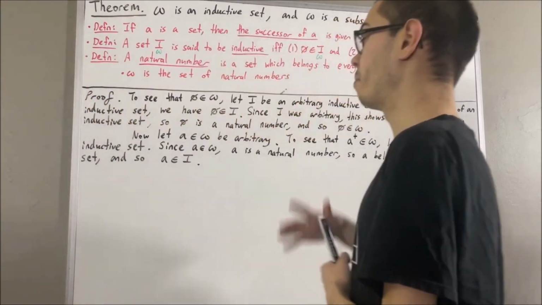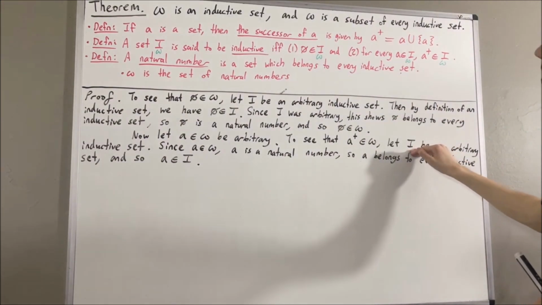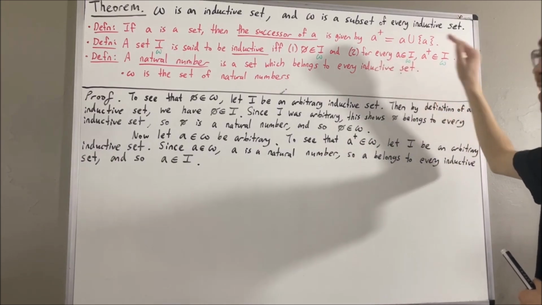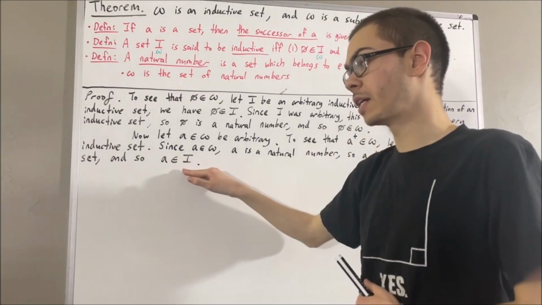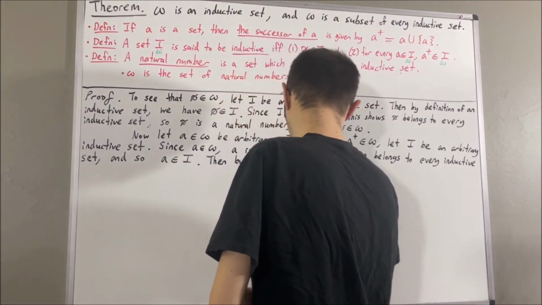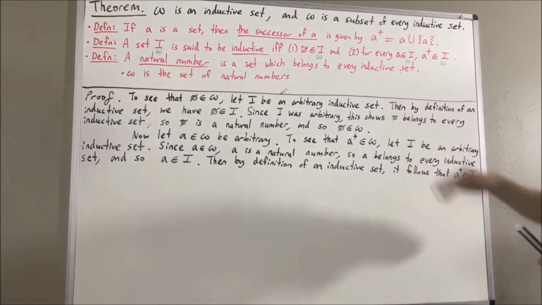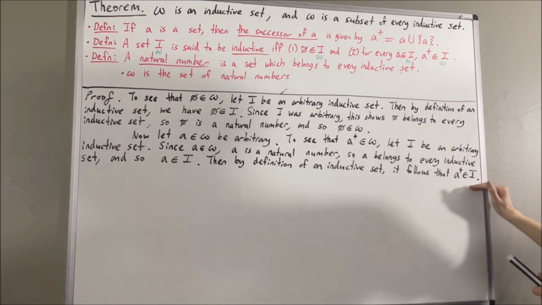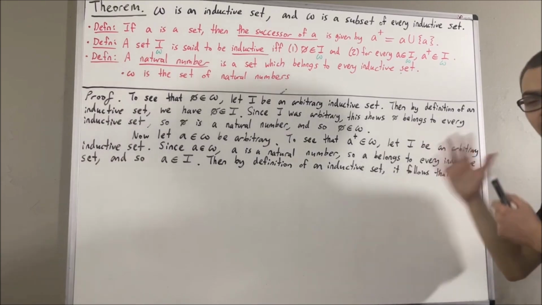But then, by definition of an inductive set, since I is an inductive set, if we're given any element of I, its successor must also belong to I. So since A belongs to I, the successor of A must also belong to I. So we have shown, if I is an arbitrary inductive set, then the successor of A belongs to I. Since I was arbitrary, this shows that the successor of A belongs to every inductive set.